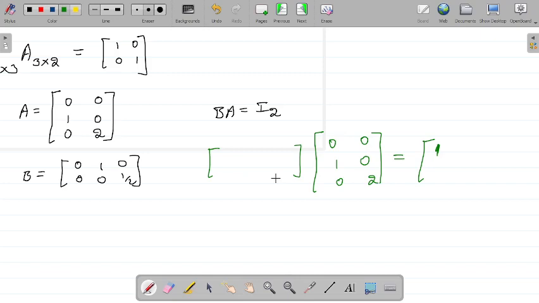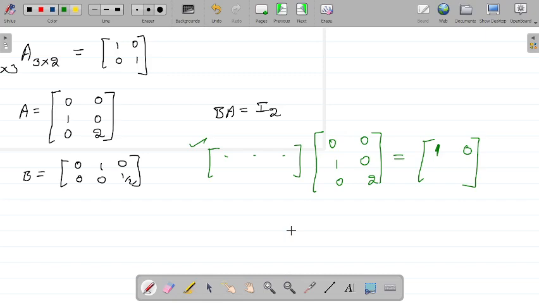When you multiply the first row with this matrix, what I need is 1 comma 0. If you observe that the first row of A is anyway 0, we don't worry about the first entry. So this can be any number. I don't care whatever number you take, it can be 0 or 500 or 1 lakh, it doesn't matter.